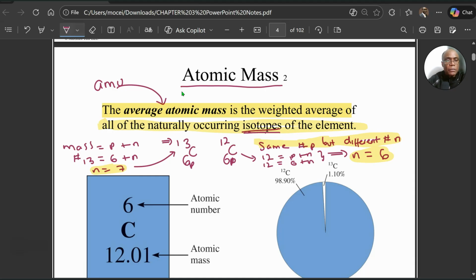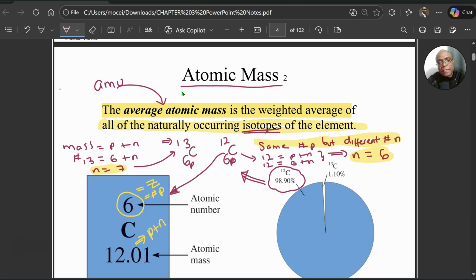Usually in the periodic table, the smaller number is going to be the atomic number, and that one refers to Z, and it refers to number of protons present. And then the bigger number in the box in the periodic table is usually the atomic mass, and that is usually number of protons plus number of neutrons, which is what I just explained in the case of carbon-12 and carbon-13. Now, in nature, we mostly have carbon-12.